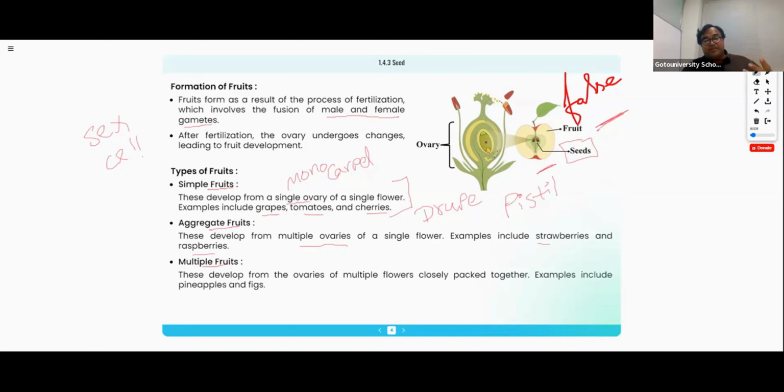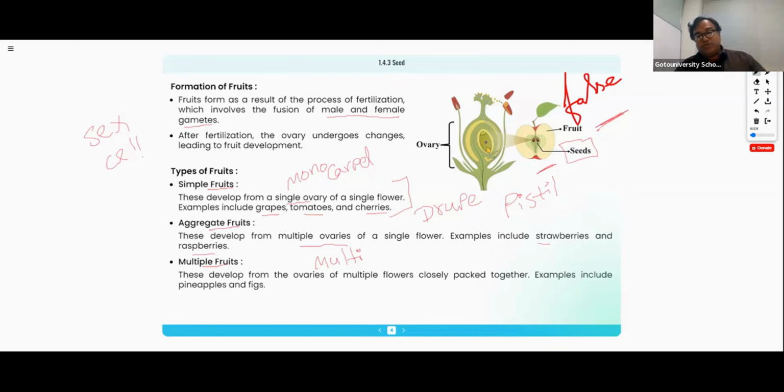Any other berry I can bring. So like this, you need to think in many ways. Multiple ovaries, that means multiple carpels. The hidden meaning is multiple carpels. Multiple carpels means multiple female reproductive organs, or multiple pistils. Like this, you need to understand.